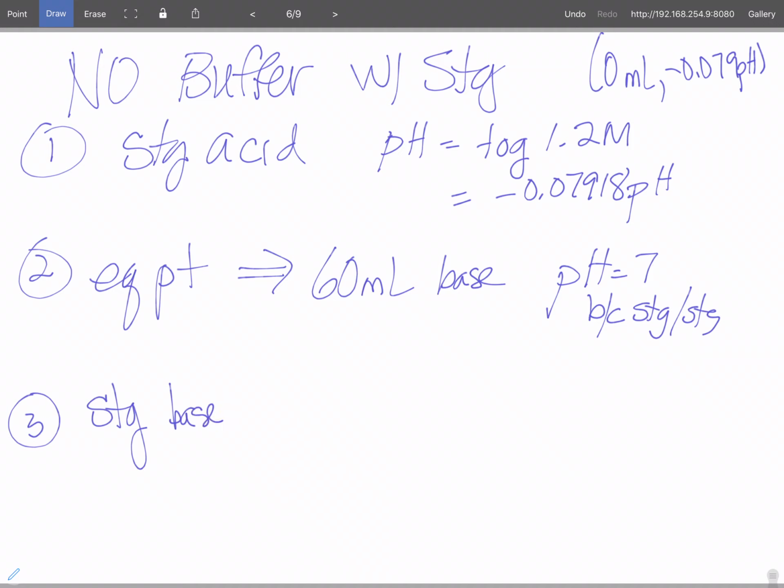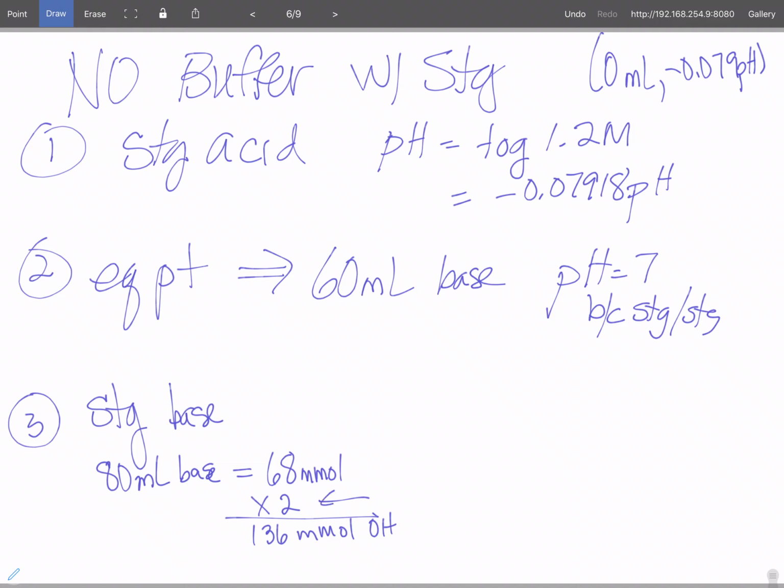The third point is the strong base. So again, there are two ways to do this. I went ahead and said, okay, we're going to add 80 milliliters of base, which gives us 68 millimoles times 2. So that's 136 millimoles of the hydroxide.